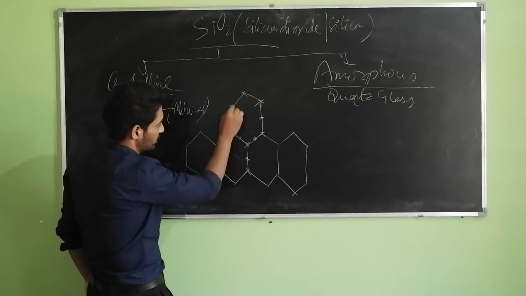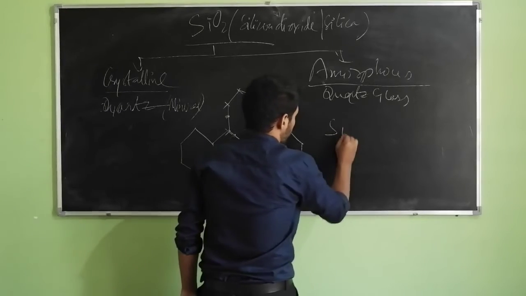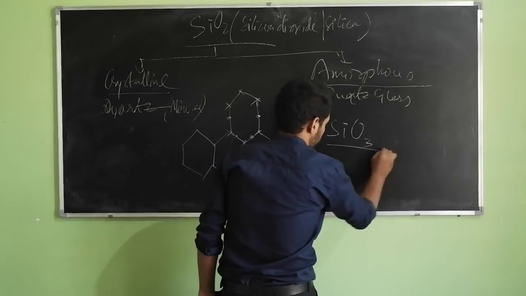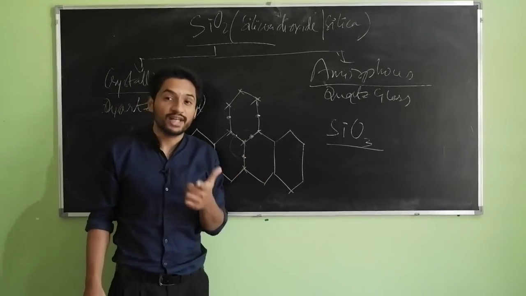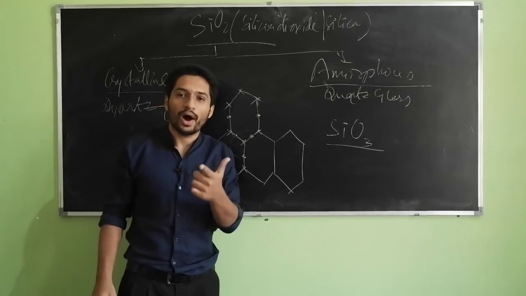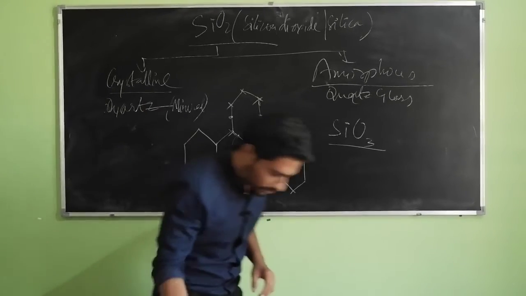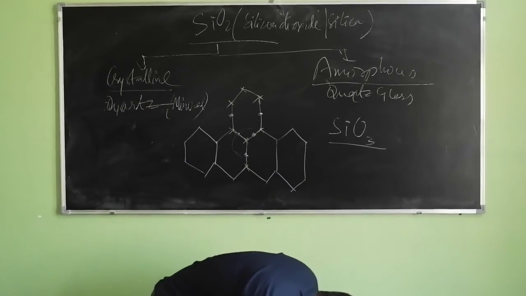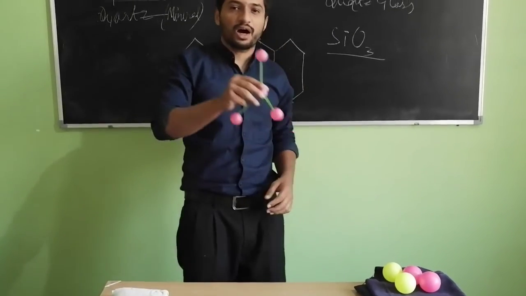Then we have silicon again, then again the same. So the basic structure you will say is SiO3. That's what you feel should be the chemical formula. But is that the chemical formula? No. Why? The reason lies in the structure of quartz. I'll explain the structure of quartz with the help of a model that we have. So this is how it is.